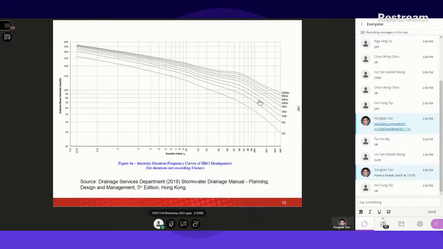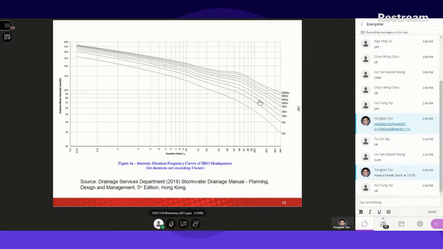In the updated manual, the rainfall statistics at the Hong Kong Observatory headquarters are recommended for general applications, except Tuen Mun area, West Lantau area, and the North District area.